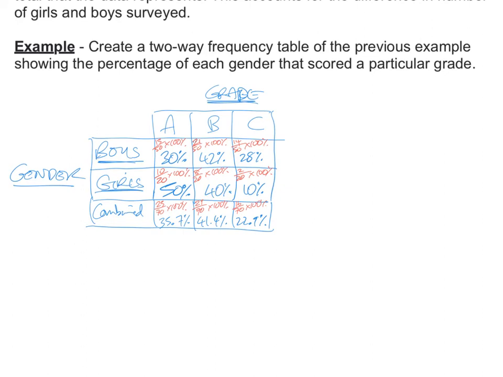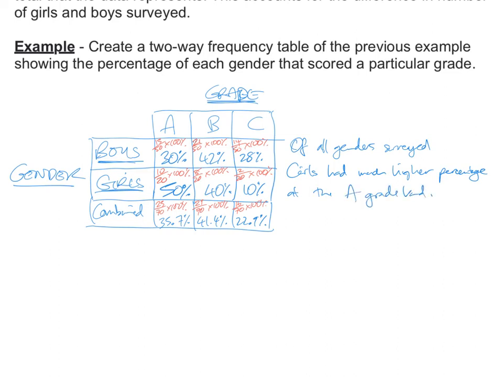So here we can see, now that we've found relative frequencies, actually the argument is a bit different. Of all genders surveyed, girls had a much higher percentage at the A grade band.